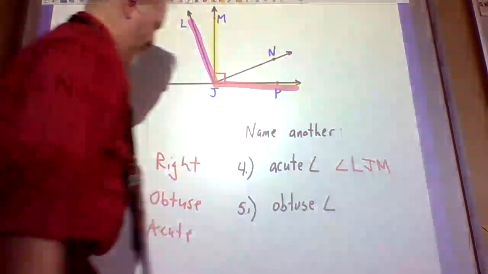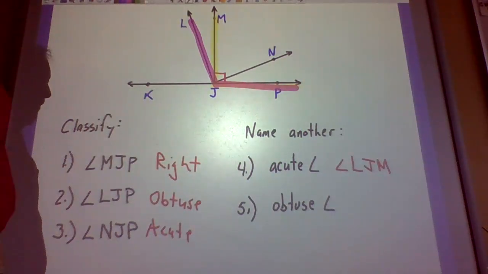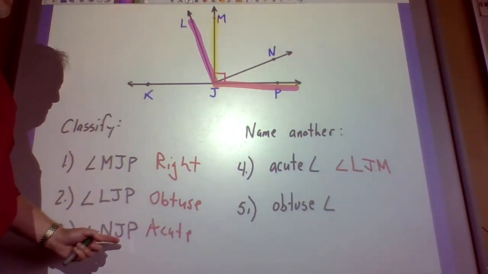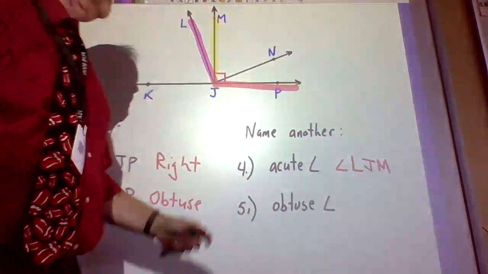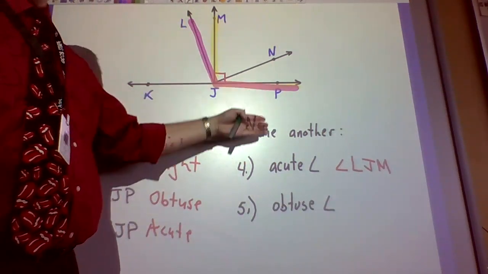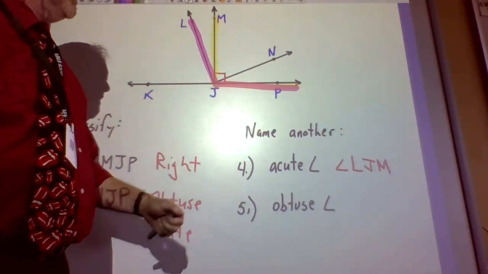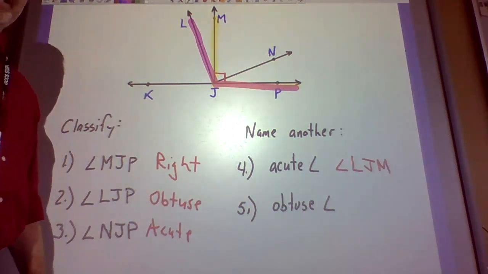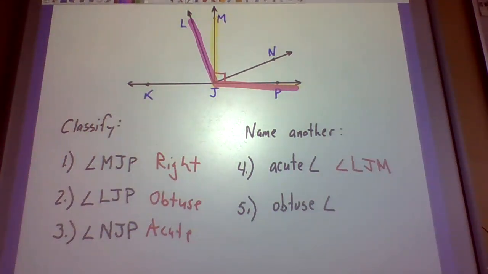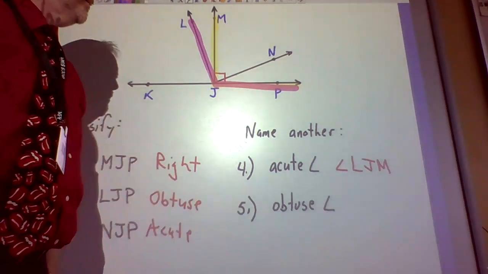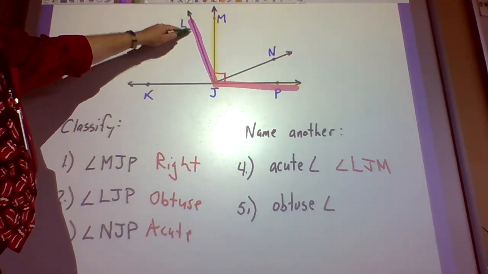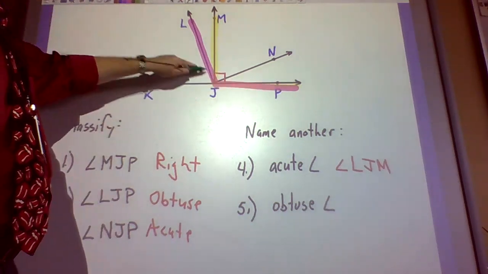LJM. Notice how all my angles so far, the middle letter has been a J. Why? Because that's the vertex of every angle in this picture here. So all of them are going to have J as their middle initial, so to speak. Obtuse angle. All right. I highlighted a big, the purple one, so let's not use that one.